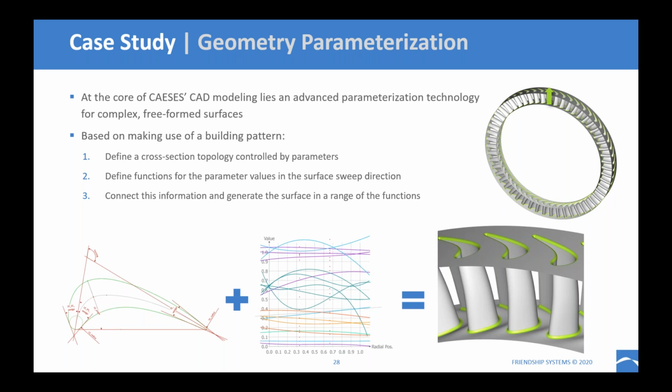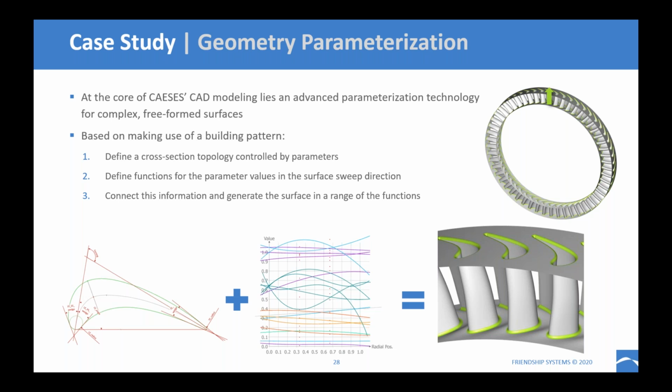The concept is not foreign to many people who are working on blades, but the same concept is used for all kinds of geometries, like for example, a volute casing that I mentioned before.